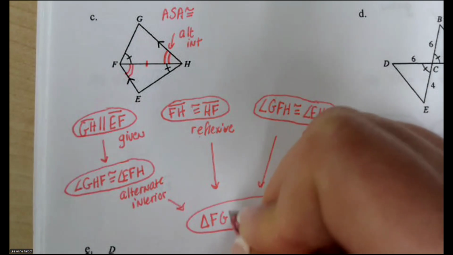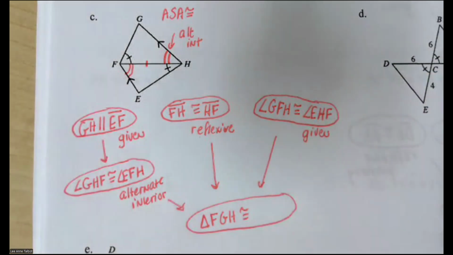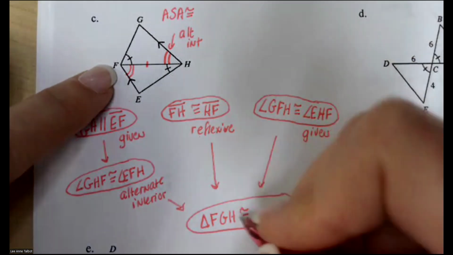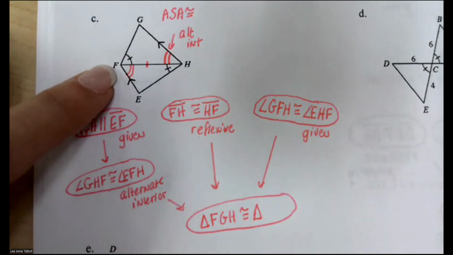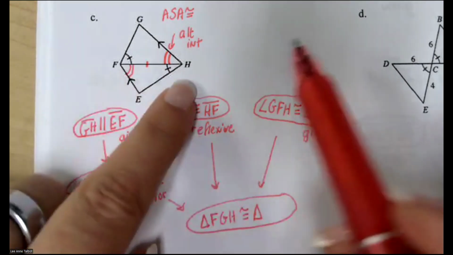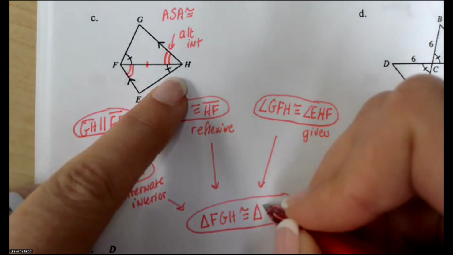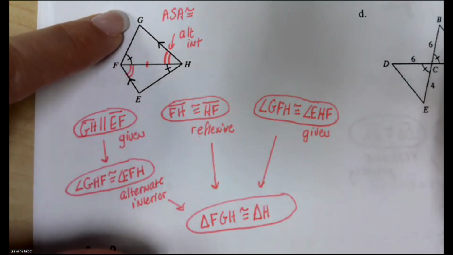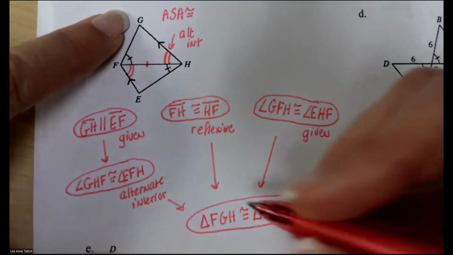FGH. You guys are thinking about it. You're like, okay, now what does F go with on the other triangle, the bottom one? See how it's got this given angle marked in it? So that would be H. What does G go with in the other triangle? E.